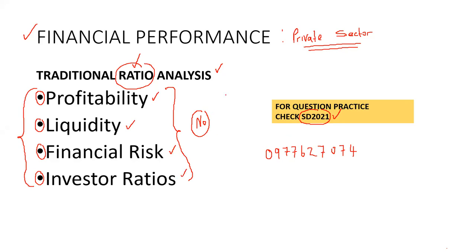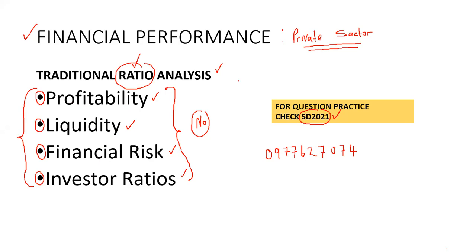So maybe this is an indication of the fact that that's where our paper is going. Maybe going forward, that's where the paper is going. So in the December 2021 paper, we saw these ratios here. Let's talk about these traditional ratios.